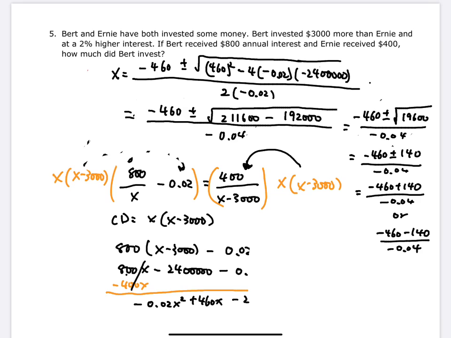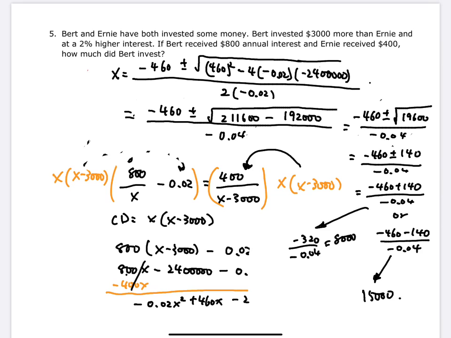So if you did negative 460 plus 140, you get negative 320 over negative 0.04. So divide by negative 0.04, you get 8,000. And if you do the other one, negative 460 minus 140 divided by negative 0.04, you get 15,000.